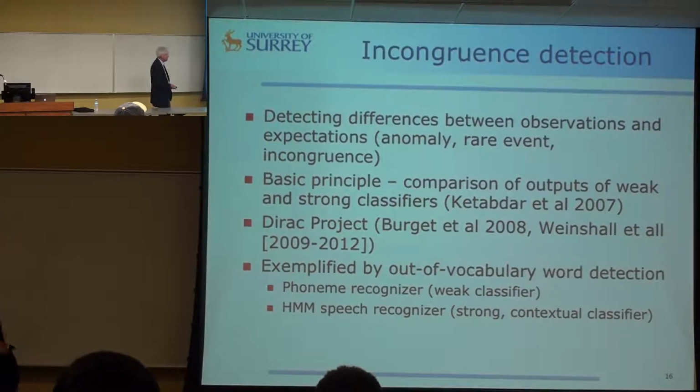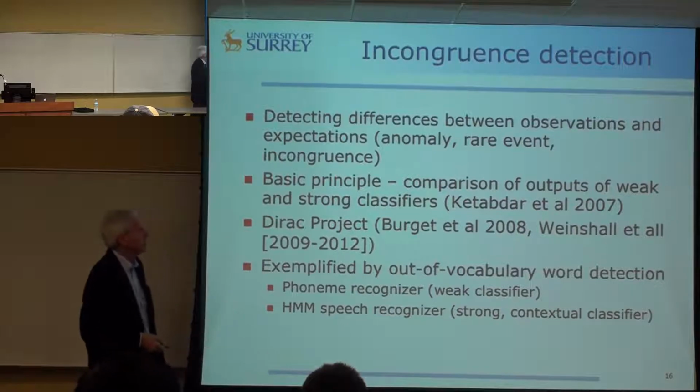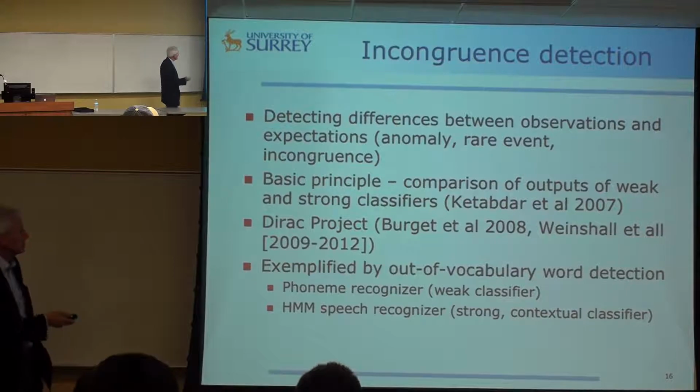We have been quite interested in incongruence detection because that's one of the mechanisms considered very important, and it was very important also in this anomaly detection project funded by the European Union, which is called the DIRAC project. You will find quite a lot of information on the internet on the project, and one of the key players in the project was Daphna Weinshall, well known in the computer vision community.